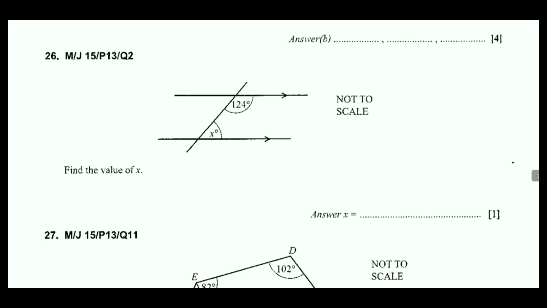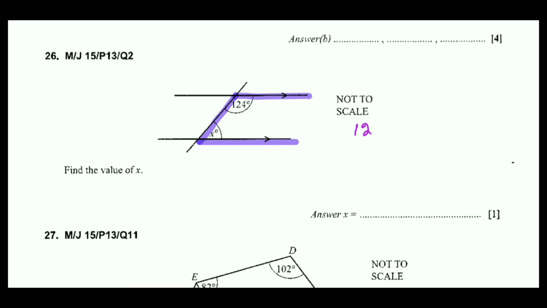The 26th question. As we can see, these two angles that are given are under a C shape. I told you a property that C shapes make supplementary angles, so we can use the supplementary angles property here.